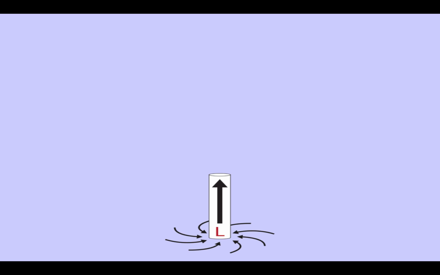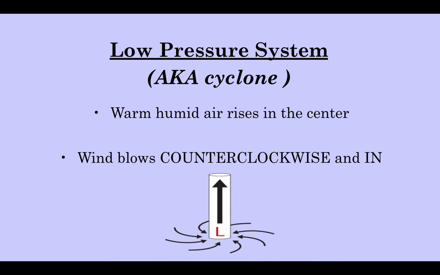So, a low pressure system, or what we also call a cyclone, in that case, warm, humid air is going to rise, and wind will blow counterclockwise and in towards the low pressure system.